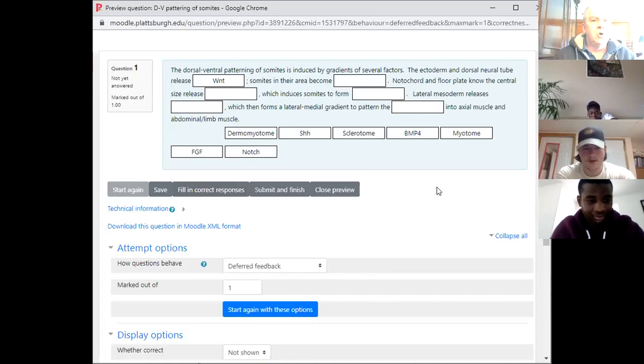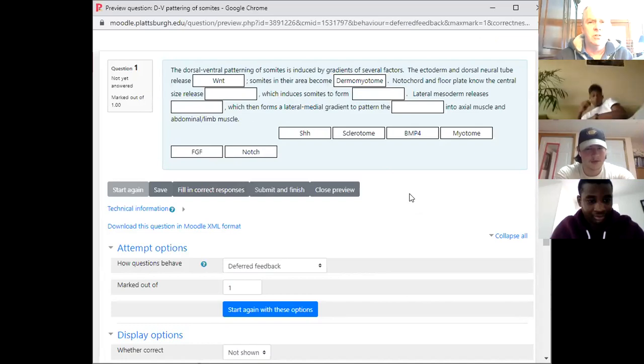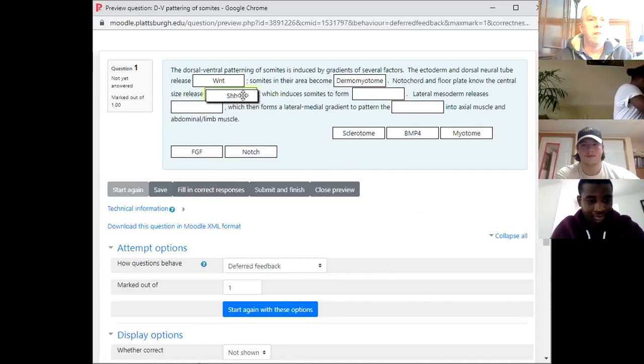Okay. Somites in their ventral area become dermomyotome, notochord, and floor plate. The notochord and floor plate release Sonic Hedgehog, which induces the somites to form sclerotome.